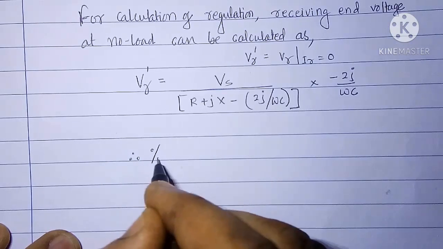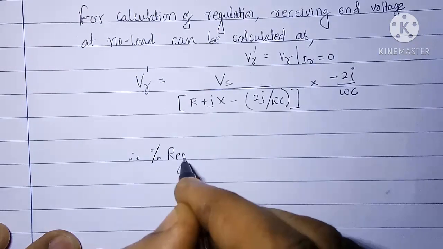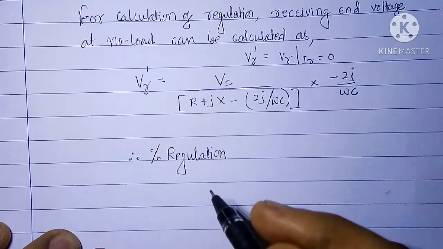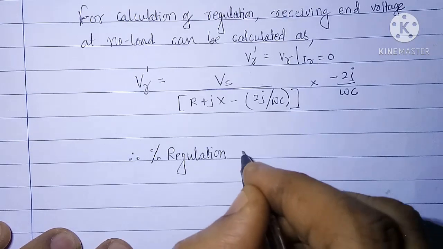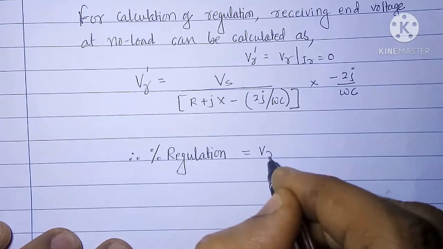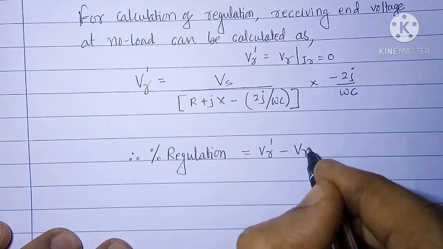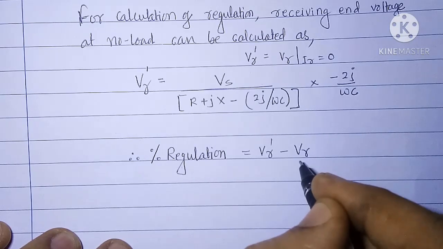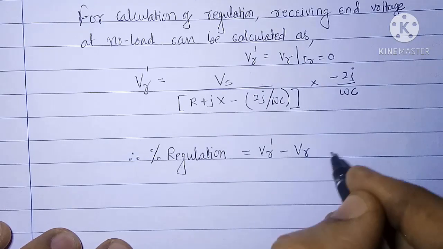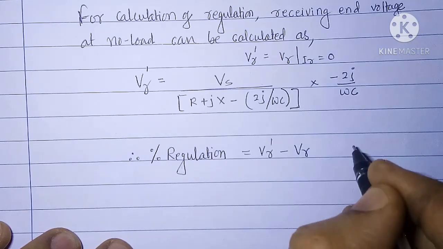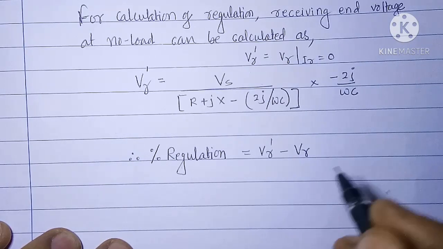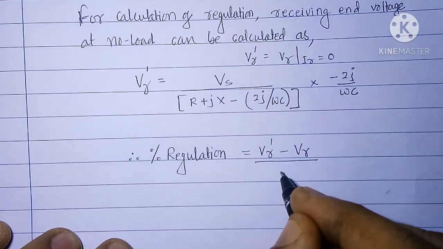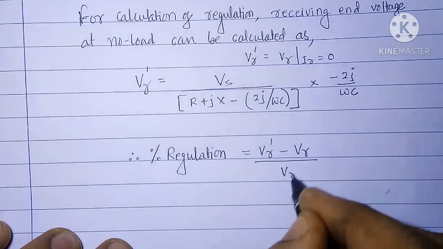Therefore, percentage regulation at any load may be calculated as VR dash minus VR, where VR is load terminal voltage or receiving end voltage at that particular load current, divided by VR into 100.